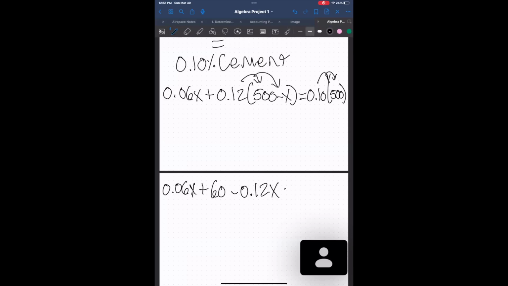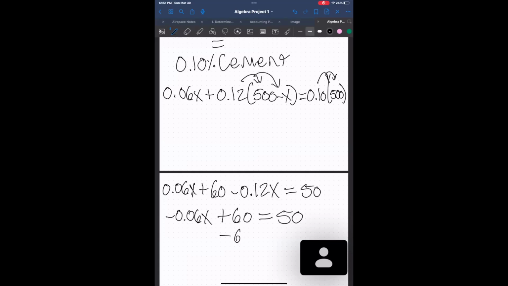Okay. So when we combine these, we've got a bigger number here, and we're going to have to combine it with this one, so it's going to be kind of an interesting one. It's going to make it negative 0.06x plus 60 equals 50.